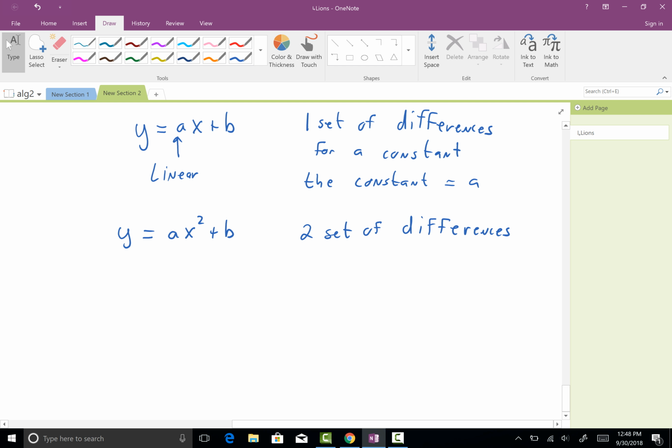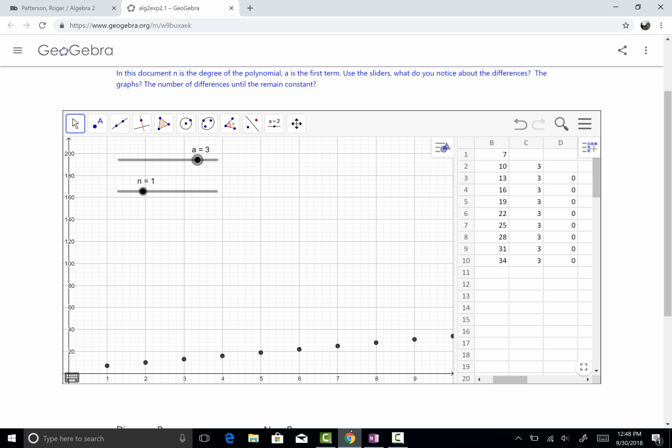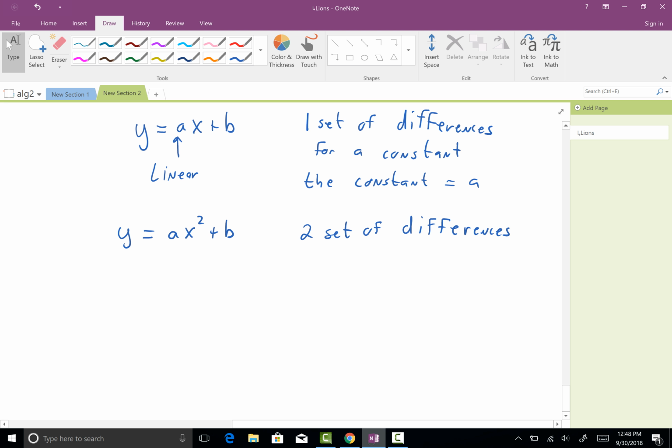But the constant this time was different, right? So if I make this 2, my constant now becomes 6, which is definitely not 3. And when it was 4, it's 8. So it almost looks like it's twice, right?